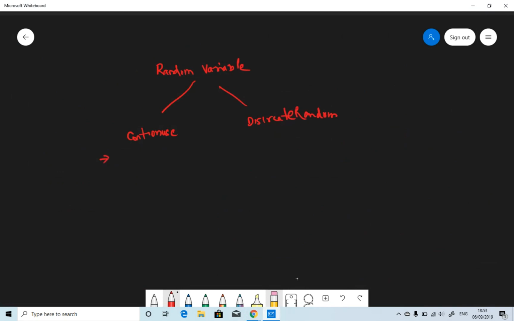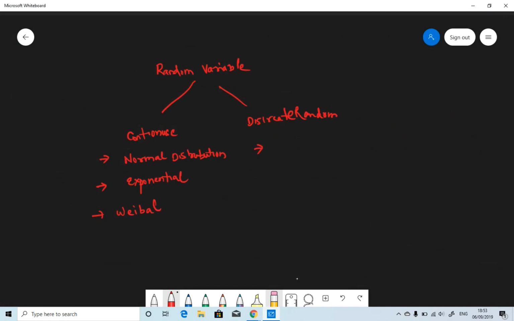In continuous, what are the things that will come? Normal distribution, exponential distribution, and one more is Weibull distribution.